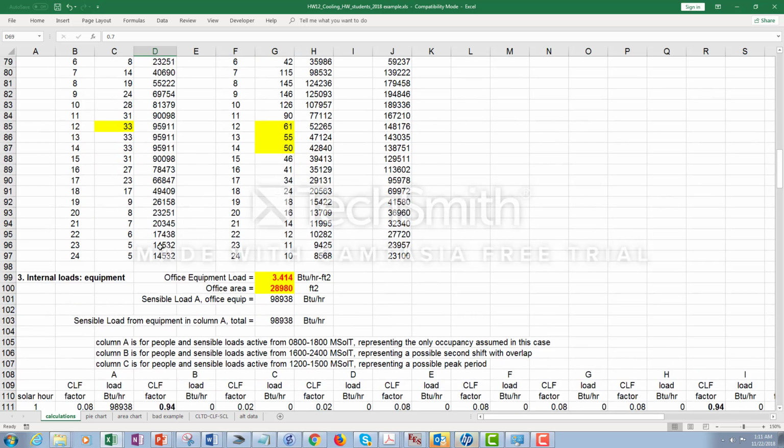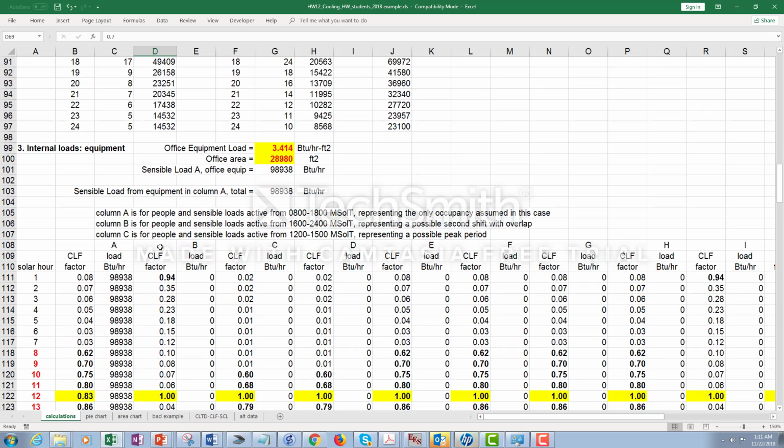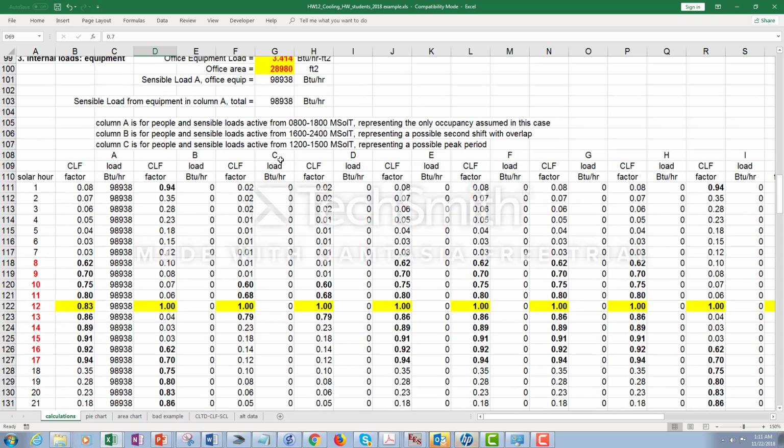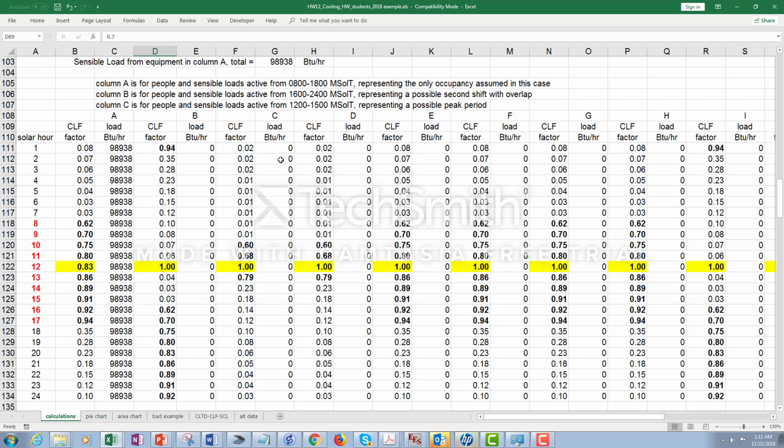Okay, so next thing is we'll look at the internal loads. First of all, internal loads for equipment. This probably seems fairly reasonable, about 1 watt per square foot. Multiply that by the office area, not the corridor area, office area, and that gives us the nominal load per hour.